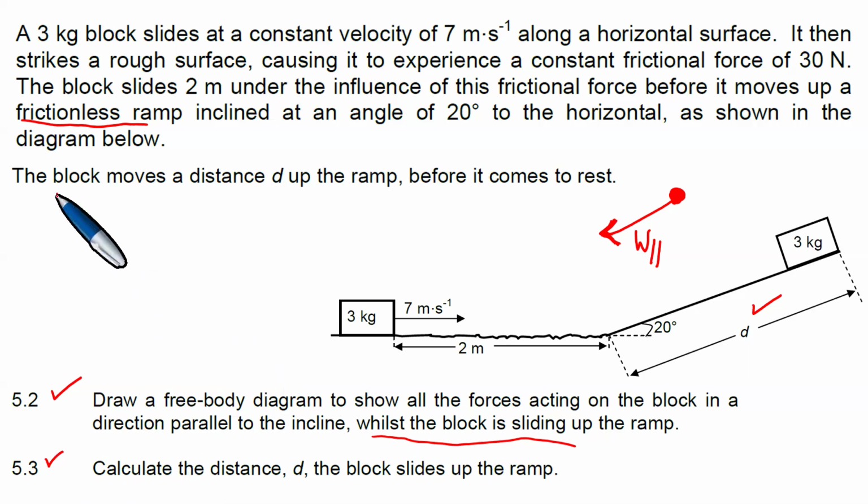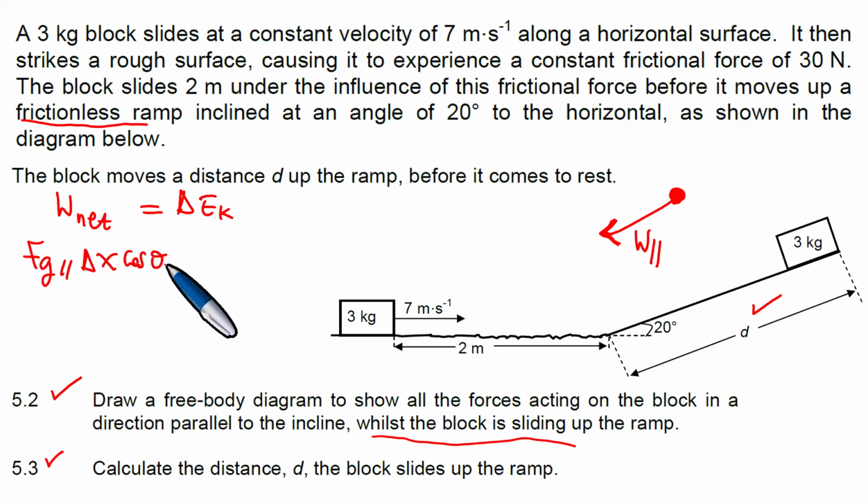We're going to use W net. So W net is the change in the kinetic energy. The parallel component of the weight times delta X cosine theta is W net, which is 1/2 the mass V final squared minus half the mass V initial squared.